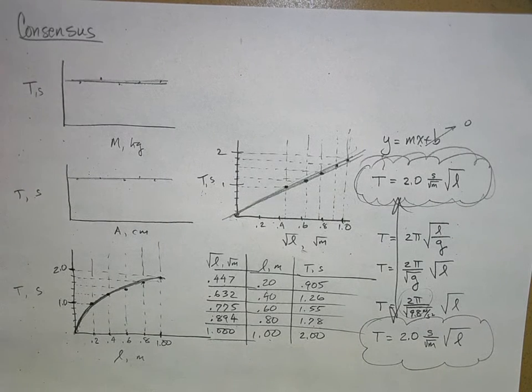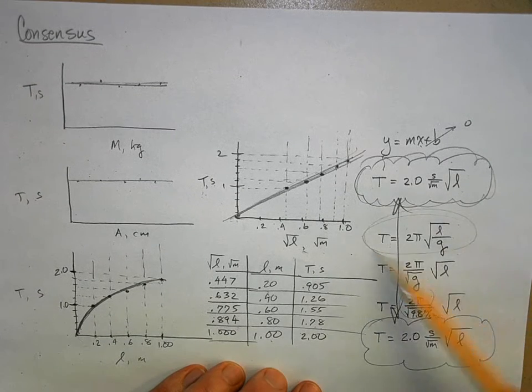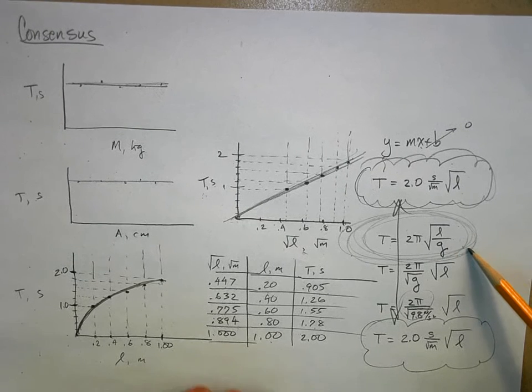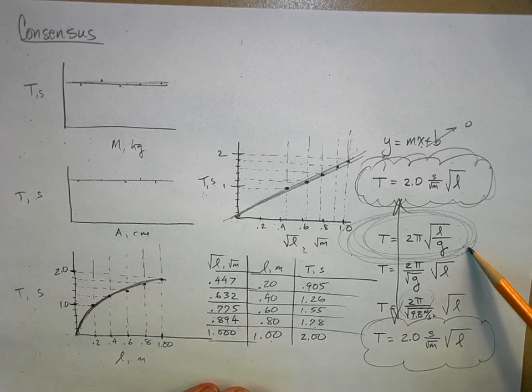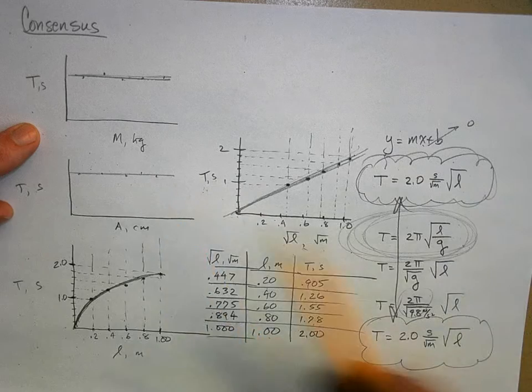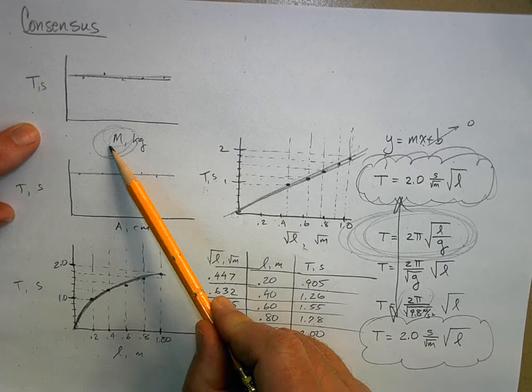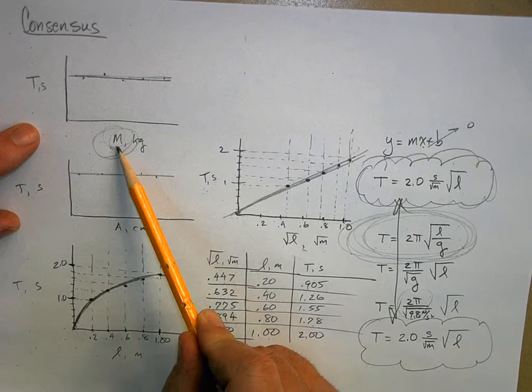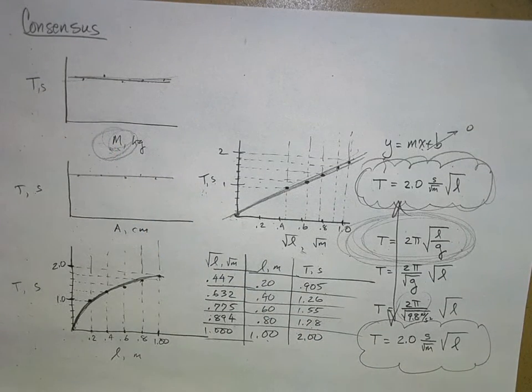And take a look at this equation right here. Notice that in this equation that describes the period of a simple pendulum, there is no mass. The period does not depend on mass, and that's what you found, really, if you look at your data carefully.